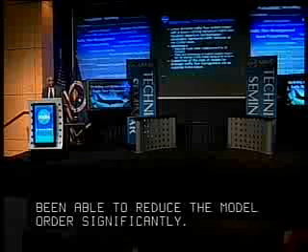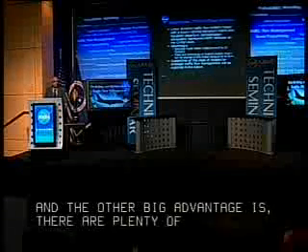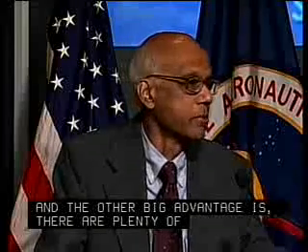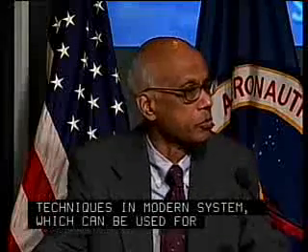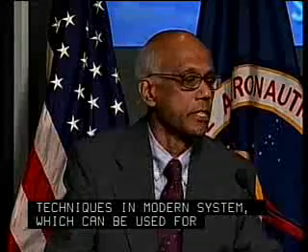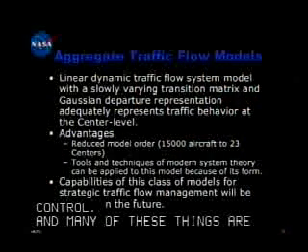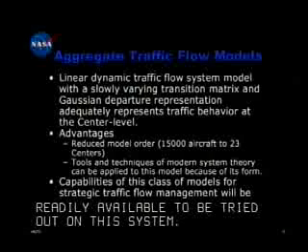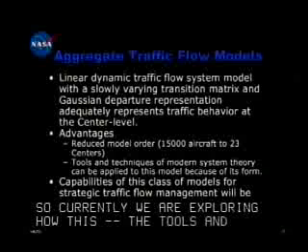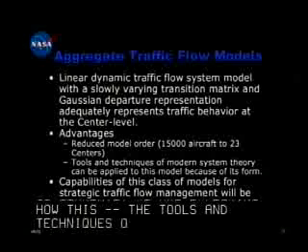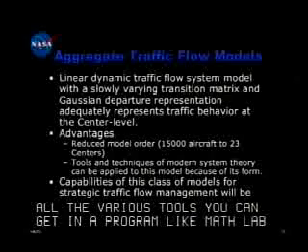And the other big advantage is there are plenty of well-known techniques in modern system theory which can be used for estimation and for control, and many of these things are readily available to be tried out on these systems. So currently we are exploring how the tools and techniques of systems theory, all the various tools you can get in a program like MATLAB, could be used to design the traffic flow at the national level. Next view graph, please.